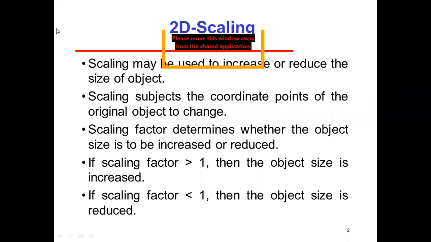So why are we using scaling? Again, the question arises, why do we use the scaling transformation? Only to get more visibility of the object. Sometimes the size of an object is so small that we cannot read it easily.